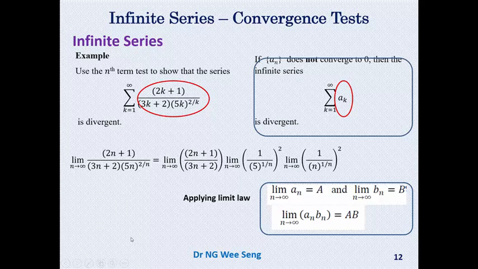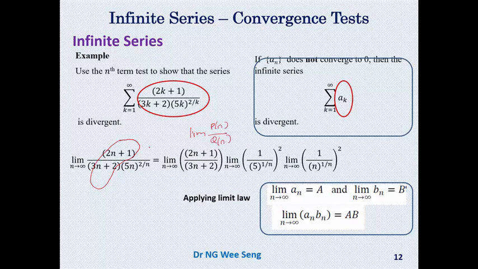First, we apply a limit law. If you look at this sequence, you know that it is made out of at least two sequences of different nature. The first will be this quantity, which is of the form limit P_n over Q_n that we have learned in an earlier video.